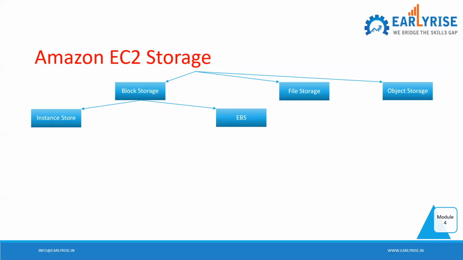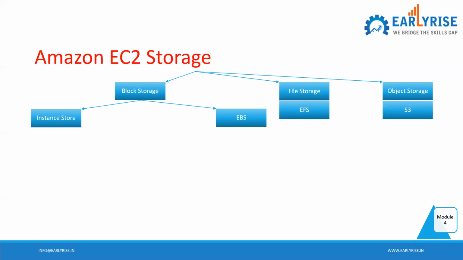Another important part that we have discussed is EBS. Various options are there under EBS. Under file storage, what we have discussed is EFS for our Linux instances, and Shweta also told about FSx, so you just explore.